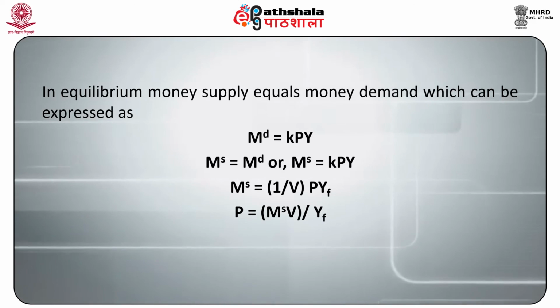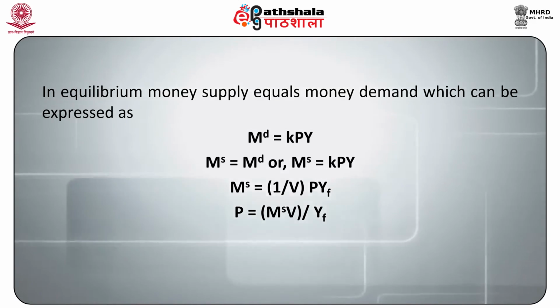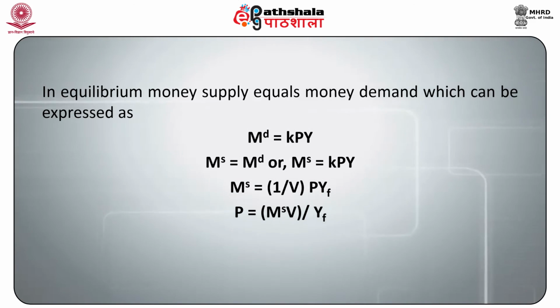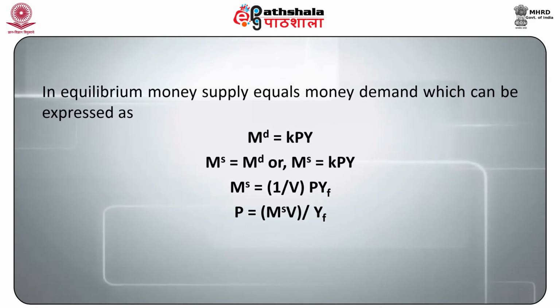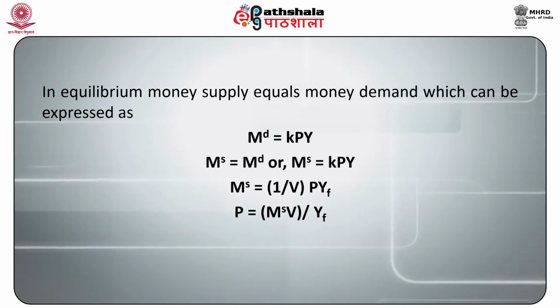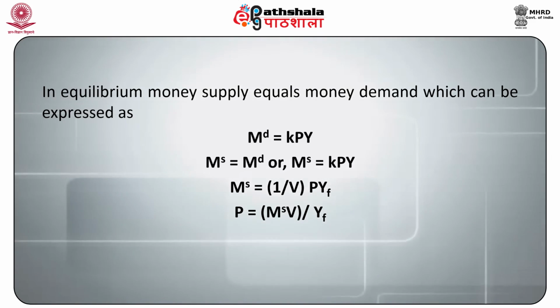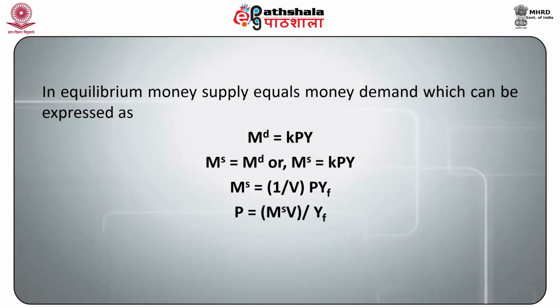So, the equation depicting the demand for money can be expressed as M^d = kPY. In equilibrium, money supply equals money demand, which can be expressed as M^s = M^d, or M^s = kPY.